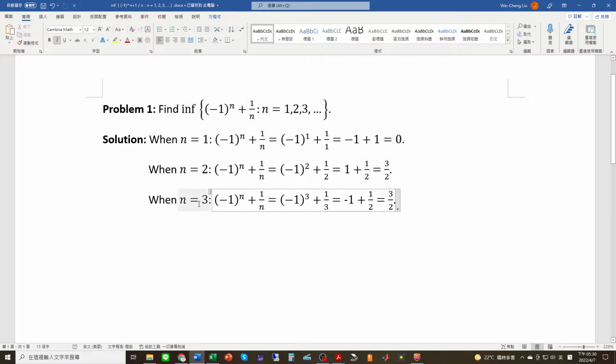When n is equal to 3, (-1) to the power of n plus 1 over n is equal to (-1) to the power of 3 plus 1 over 3, which equals minus 1 plus 1 over 3. Sorry, 1 over 3.